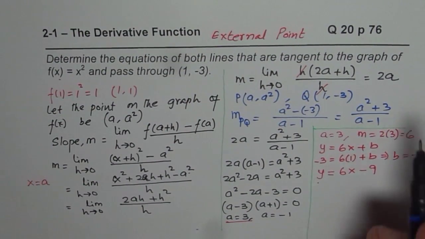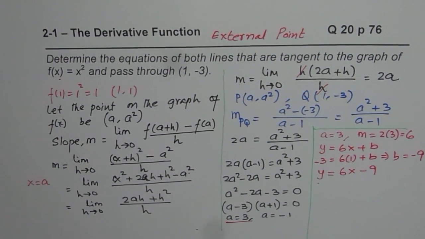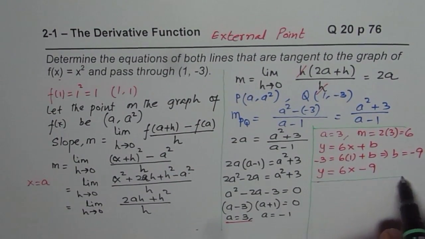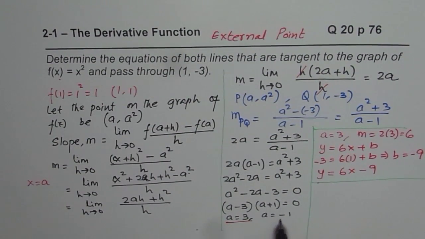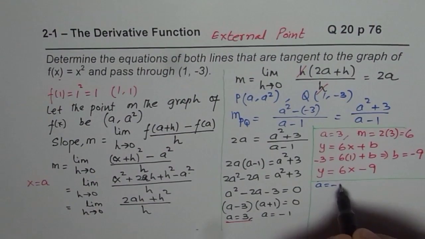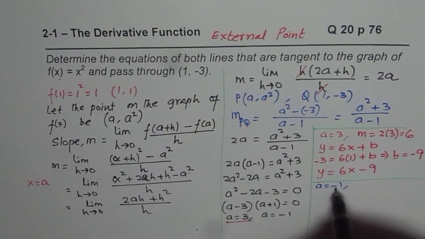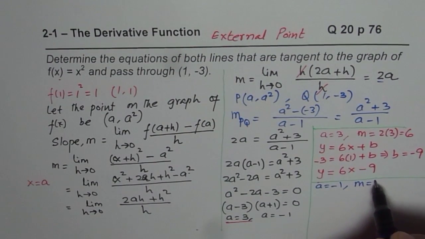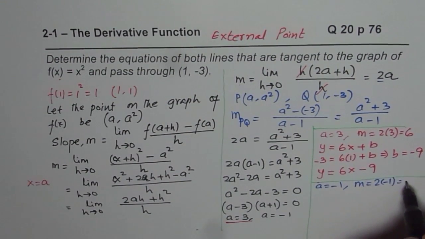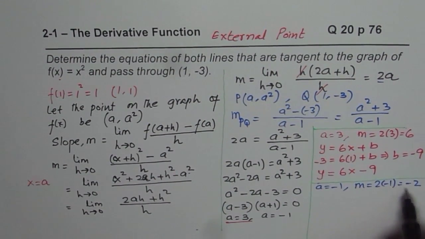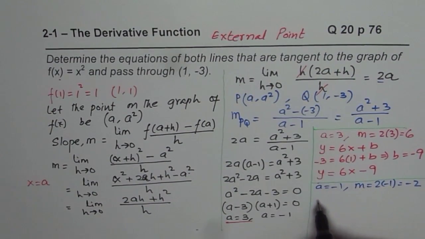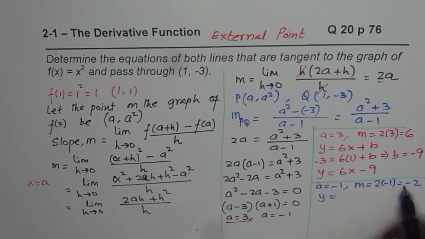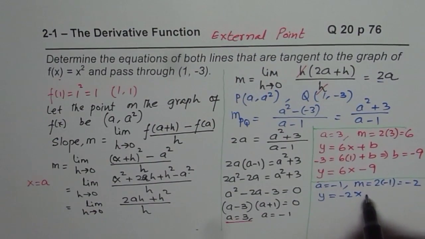Now let's find the second equation. To find the second equation, we are going to use the value of a as -1. If a is -1, then what is the slope? m will be 2 times -1, which is -2. So the slope is -2. Then again the equation will be y = -2x + b.